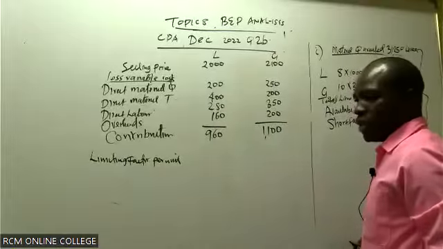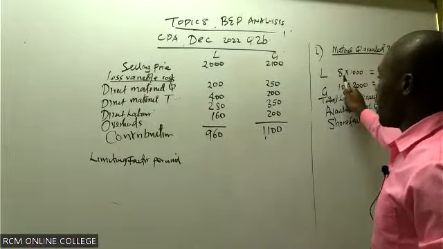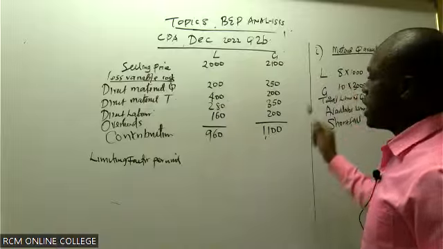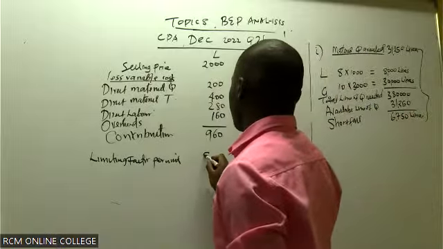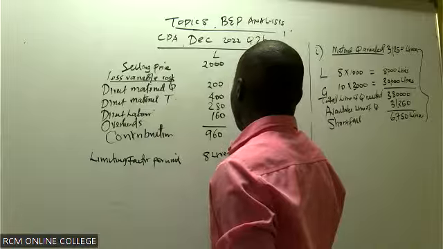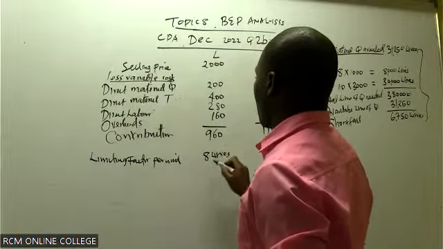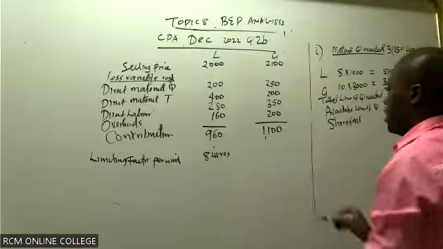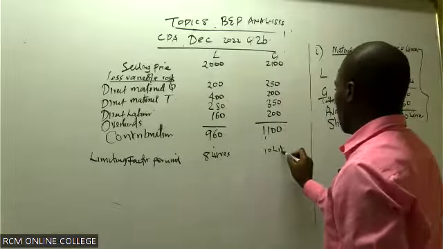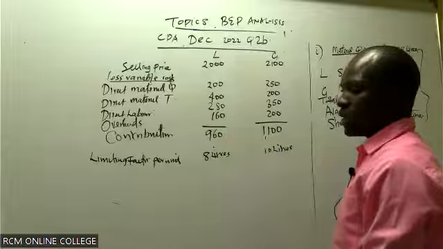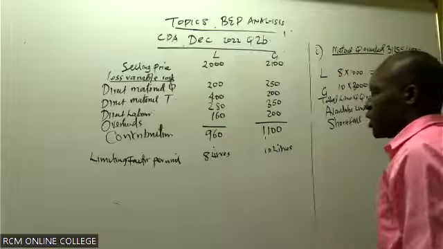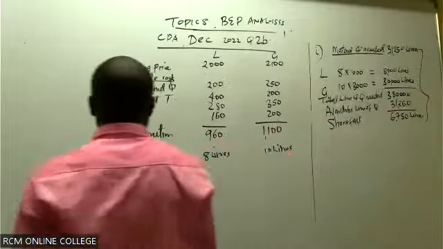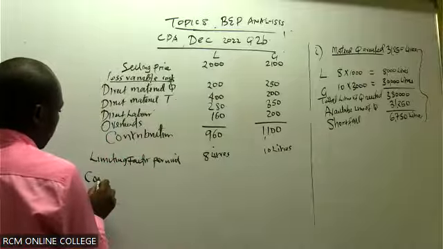We used it up here. 8 liters. So you come and indicate 8 liters. How many liters do they need to produce 1 unit of G? 10 liters. Good. Having done that, can you now give us contribution per limiting factor?